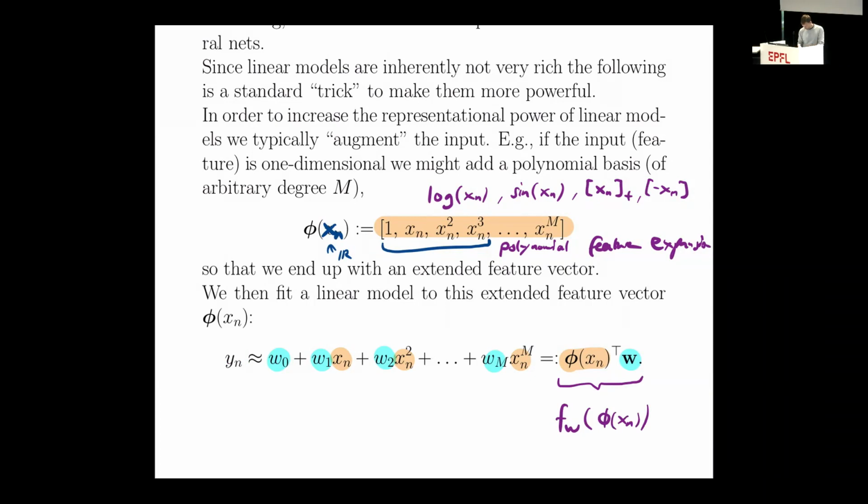So basically the old data set was just this x1. This is the old data set, and now the new one is much bigger. This was just one feature, and now I have m plus 1 features.